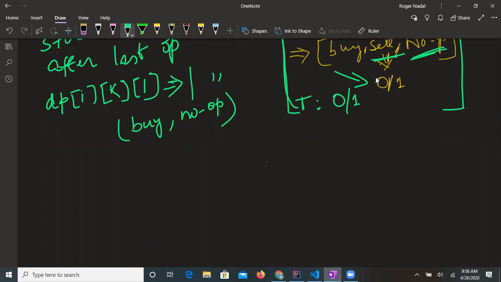So here is what you were just talking about. We can have 0 or 1 transaction. Here, the transaction could be 0 or 1. So we have captured these 2 possible states, right? That's it from a definition point of view. If we understand what these 2 states mean, then we can think, can I reach these states from the previous day's information?